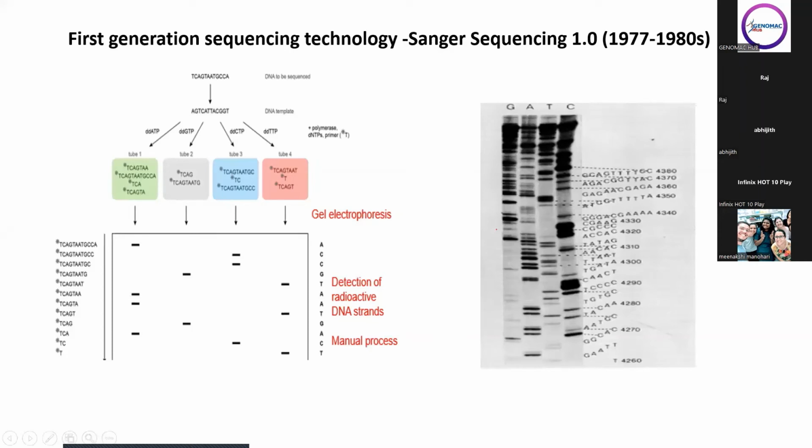In this process, these chains move along and get stopped, like stopped on the T, opposite the base pair of the T.